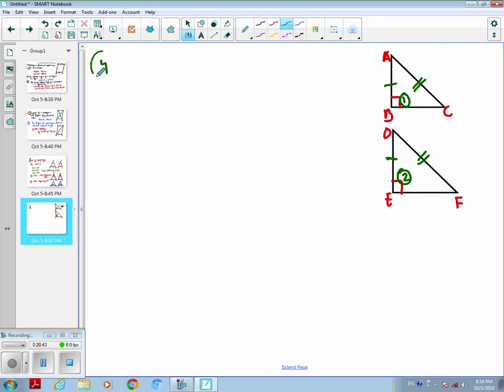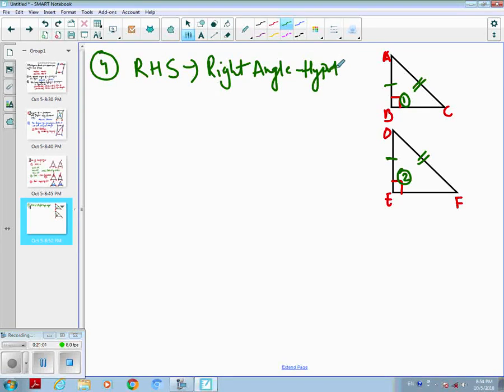Rule number 4, and that is RHS rule. Right angle, hypotenuse, and one side. So these two triangles are congruent by RHS rule of congruency.